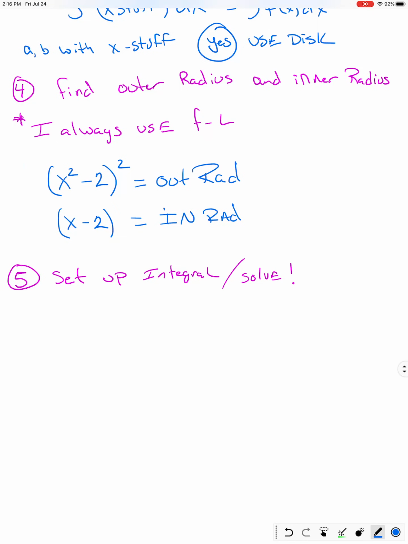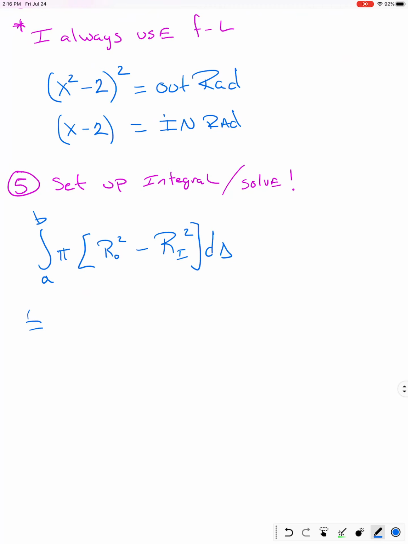Okay, all I have to do is set up the integral and solve. So the general form says from a to b, pi, and then the outer radius squared minus the inner radius squared, and then d theta, or dx. In this particular case, we're going to do it with respect to x, and we already have everything written out that we need. So this is pi. My outer radius is x squared minus 2, squared, minus my inner radius, x minus 2.